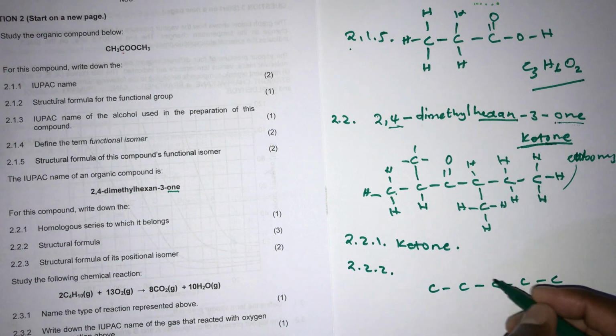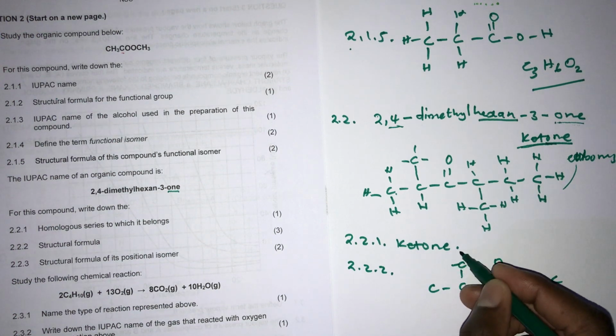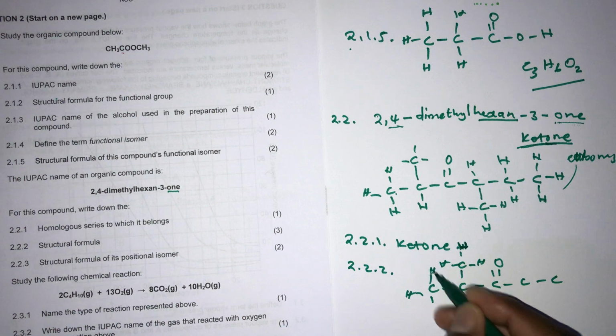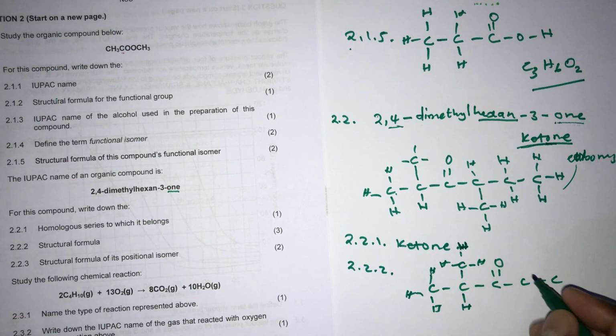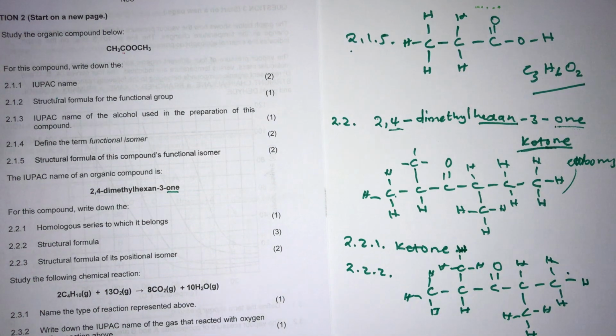We simplify life. Carbon atom number 3, carbon atom number 2 is hydrogen. Carbon atom number 4. Life is easy now. So this is the structural formula. Life is easy.